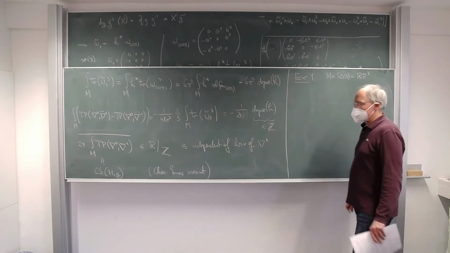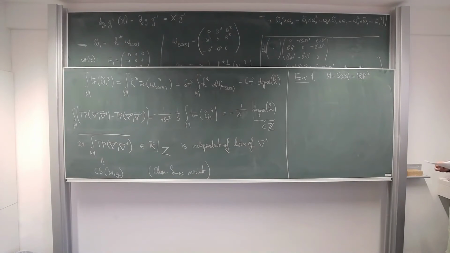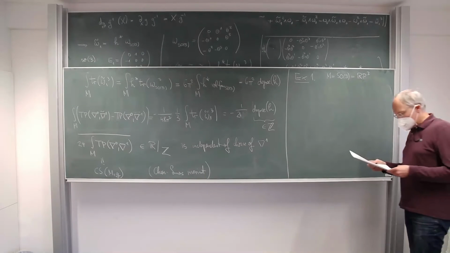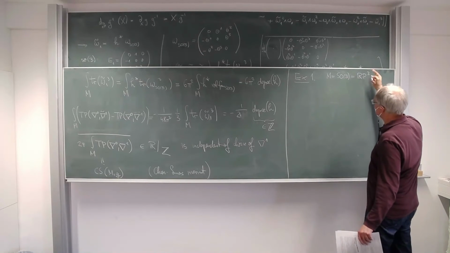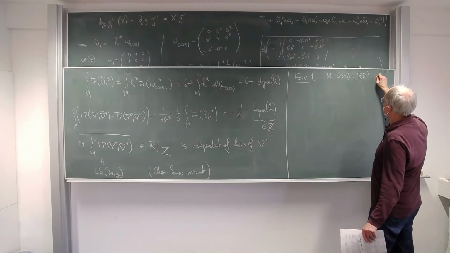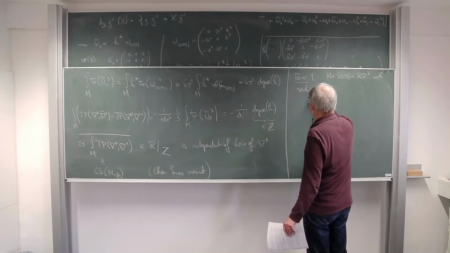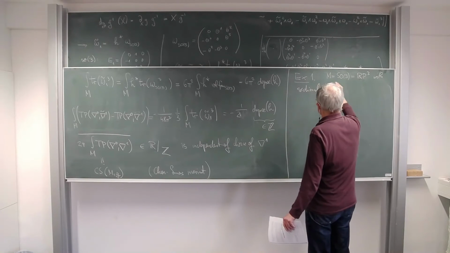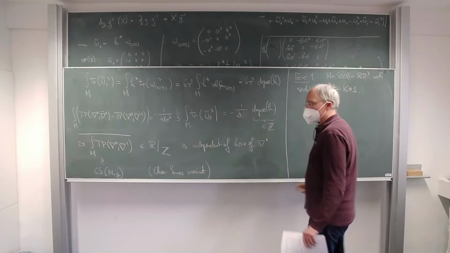So that is a perfectly fine choice for my 3-manifold M. Now I take it with the standard round metric coming from the standard metric of S3, with sectional curvature K equal to 1, so that the volume is pi squared.